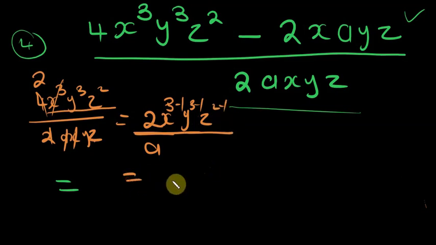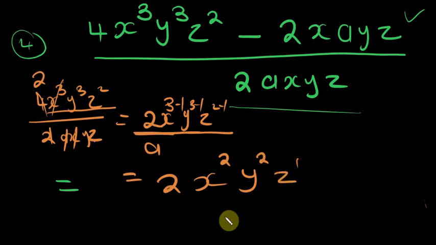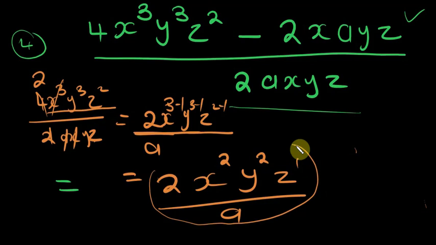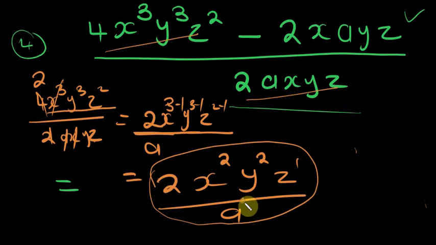So this gives me 2x, 3 minus 1, that's 2, y, 3 minus 1, that's 2, and then z to the 1, everything over a. Okay, cool. So that will be the answer for this one.